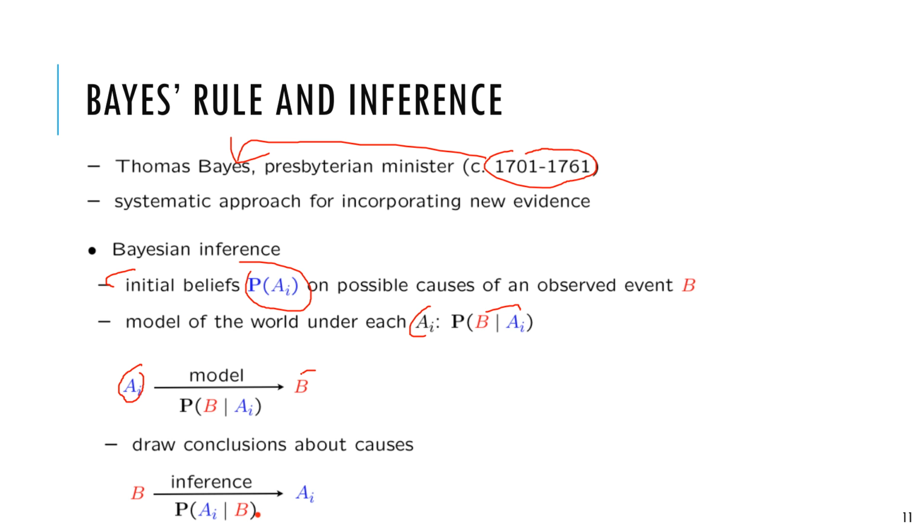We model for property of B by B given A, and we draw conclusions about the causes by inference. We have property of A_i given B. This is the role of Bayes rule, so it is very important.